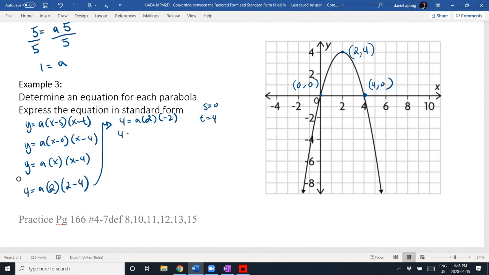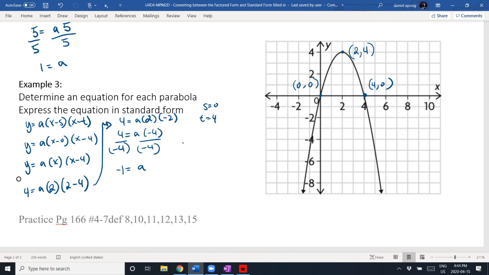So we have 4 is equal to a. 2 times negative 2 is going to be negative 4. Now we want to get a by itself, so we're going to divide out negative 4 on both sides. So this is going to cancel. So 4 divided by negative 4, that's equal to negative 1. And we have a left over here. So we know a is equal to negative 1.